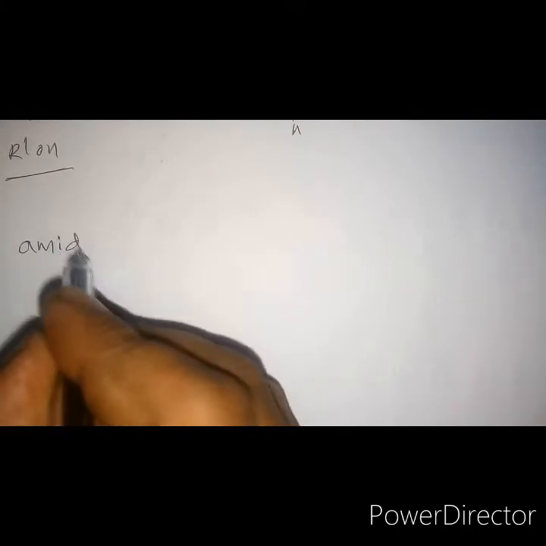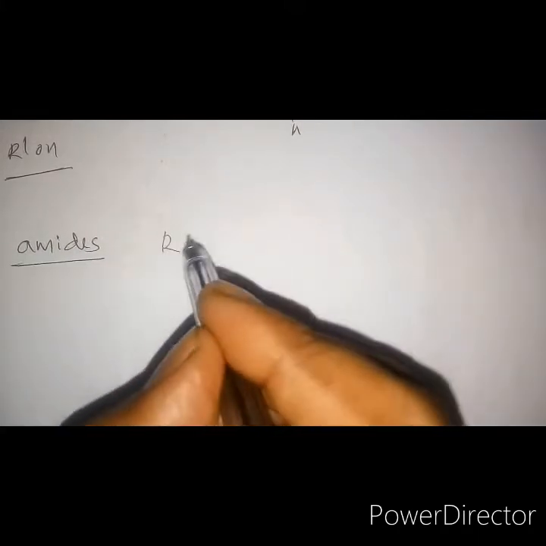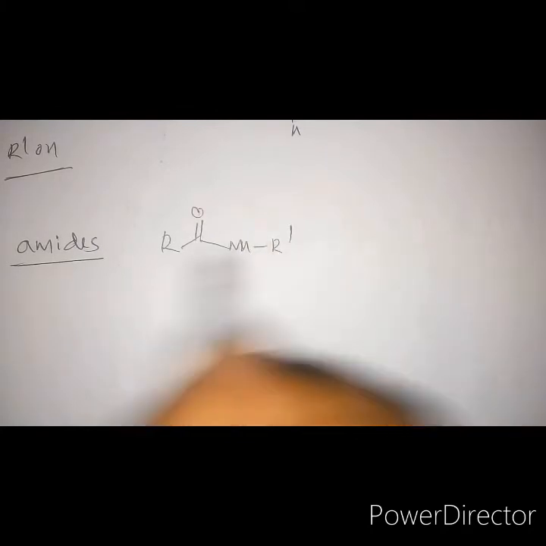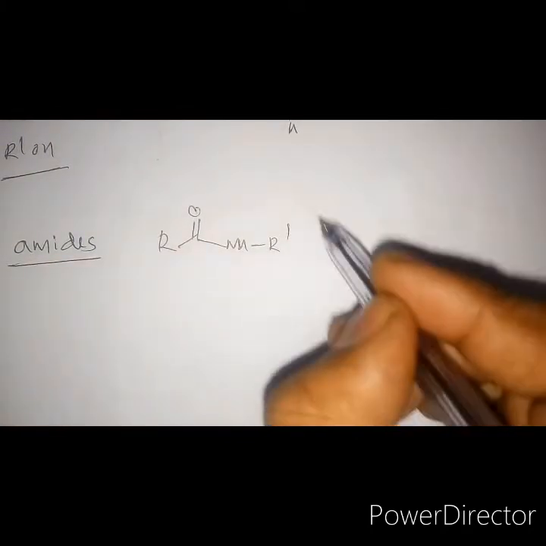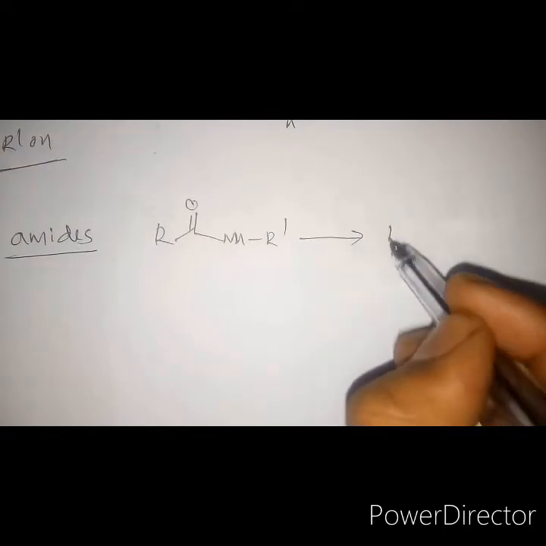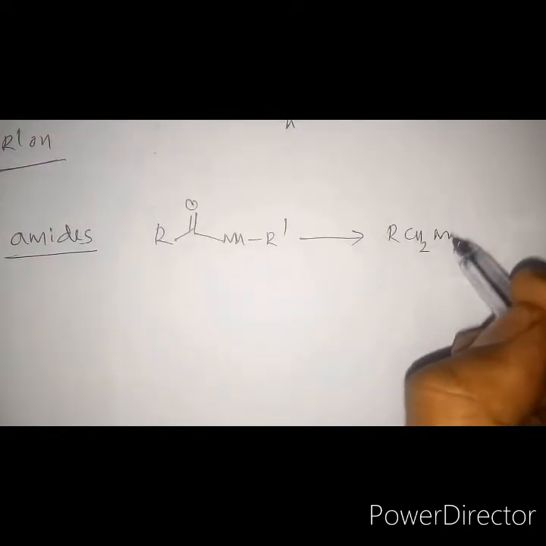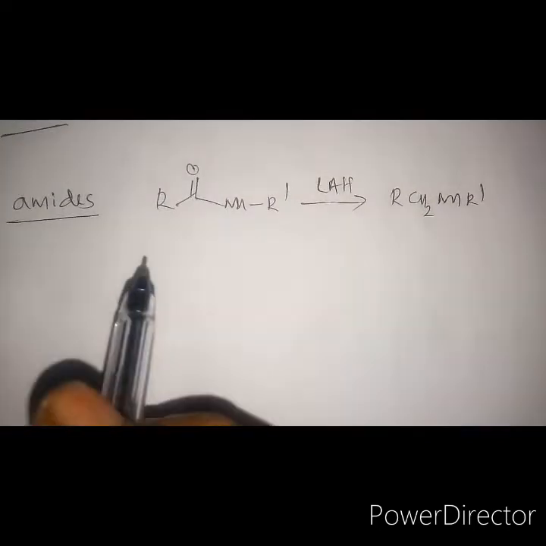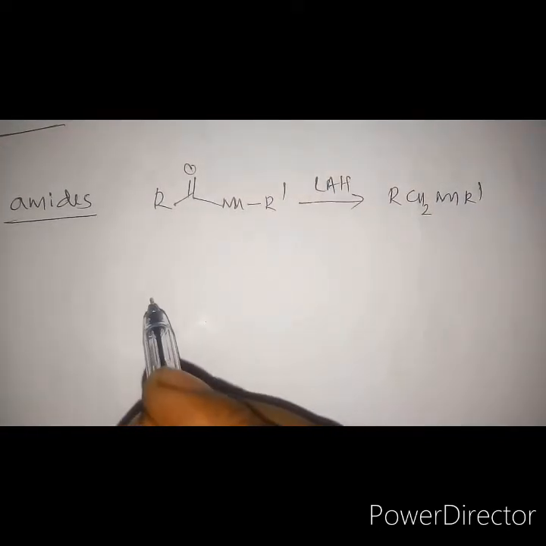Now in the case of amides, amide R CONH R dash. So the amide is converted into amine, CH2NH R dash, with lithium aluminum hydride. The reaction is the same.